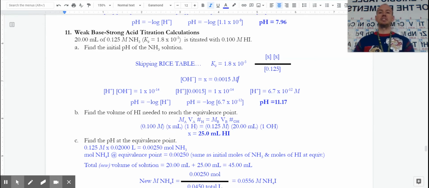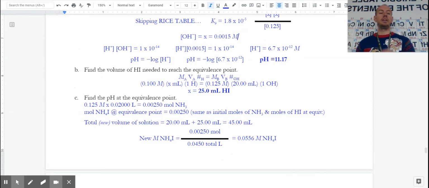Part C, very similar to what we did in our last part on number 10: the pH at the equivalence point. Well, we know how many moles we have to begin with, molarity times volume. That's how many moles of acid we would need to add. And we are at the equivalence point when we have reacted away all of our moles of base by adding that many moles of acid.